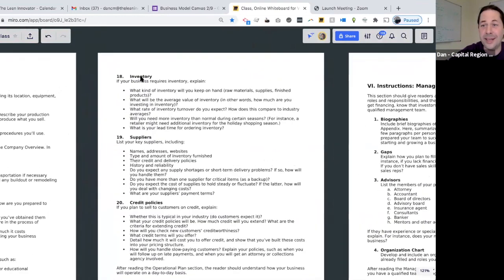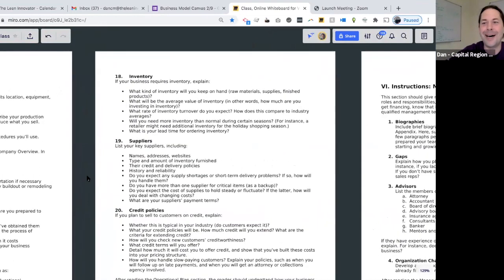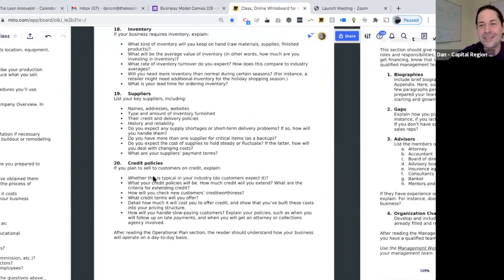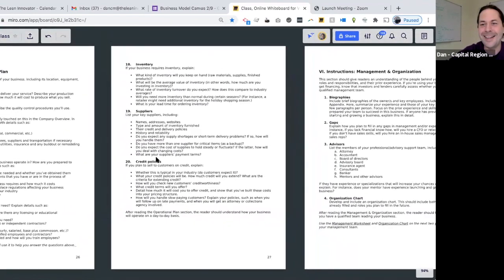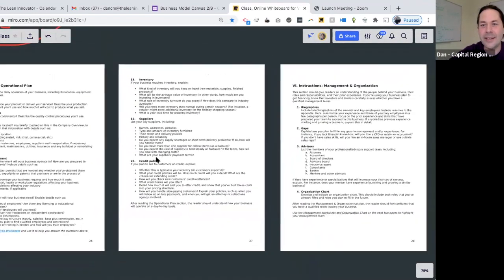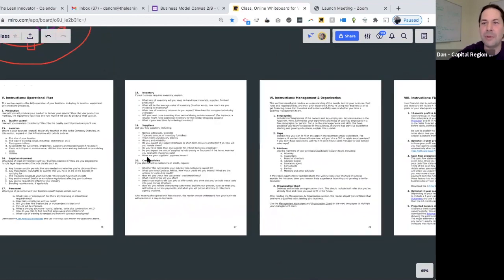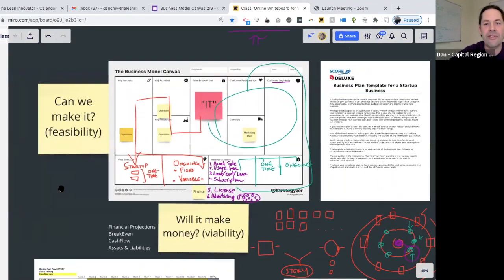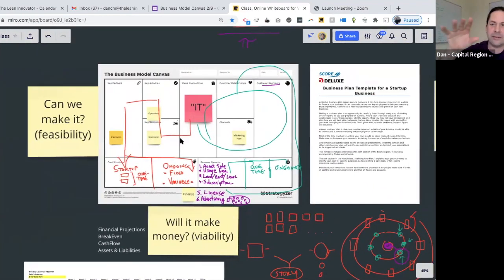We talked about baseline inventory. We talked about the people that were going to help us actually get that inventory, like the suppliers, and what their credit policy is. We know all of this. It's so cool, right? So now we see that everything in this business plan might be more granular and set out, but we basically have the framework to help us think through all this stuff, so it's not daunting anymore, okay?